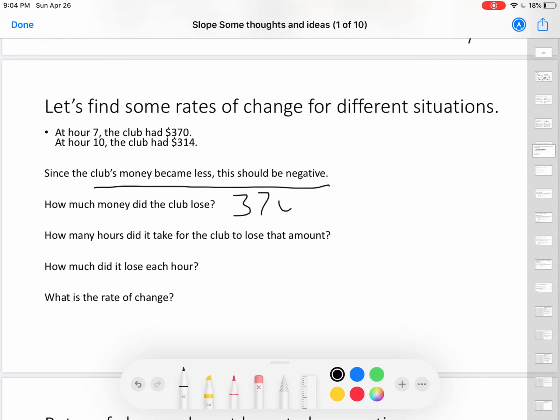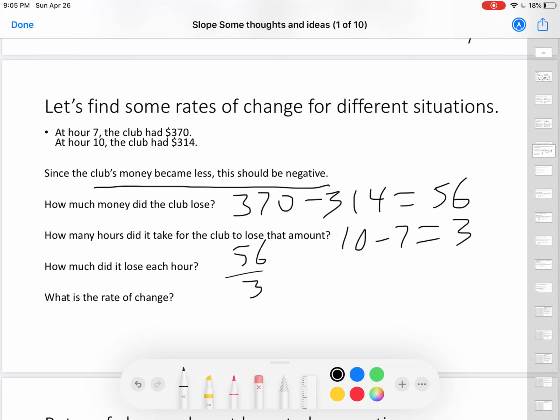Well, 370 minus 314 is $56. How many hours did it take for the club to lose that amount of money? Well, 10 minus 7 is 3. How much did it lose each hour? Well, 56 divided by 3 is 18 and 2/3.